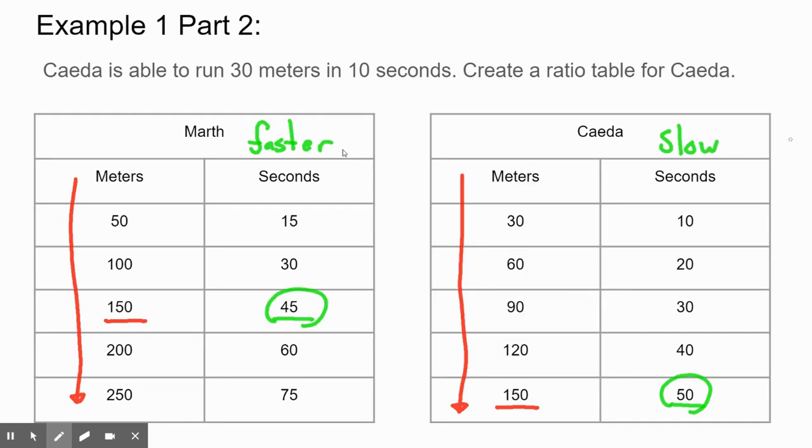You just need to make 2 ratio tables, look for numbers that are in common, and then compare them. You could have also done this by looking at the seconds. You'll notice both people have a time of 30 seconds, and if we look at how far they've gone in those 30 seconds, Marth has still gone further than Sita. Only by 10 meters, which isn't very much, but it still suggests that he's a little bit faster.